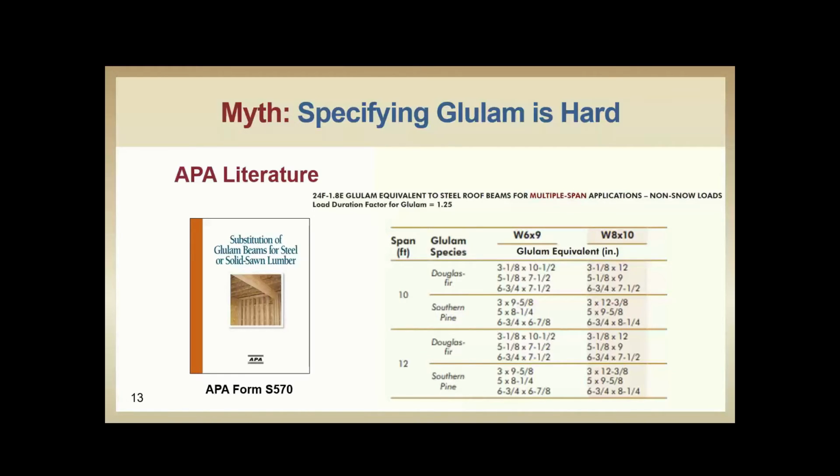The publication guides the specifier to select laminated timber beams of equal or greater strength and stiffness that can be substituted for sawn lumber or steel beams that may be sized through other published span tables, such as the IRC if you're looking at wood spans, or a steel book that has steel specifications. Note that all three publications are using the 24F 1.8E reference classification, so all beam layups, those 7 layups included in the classification, would be acceptable.